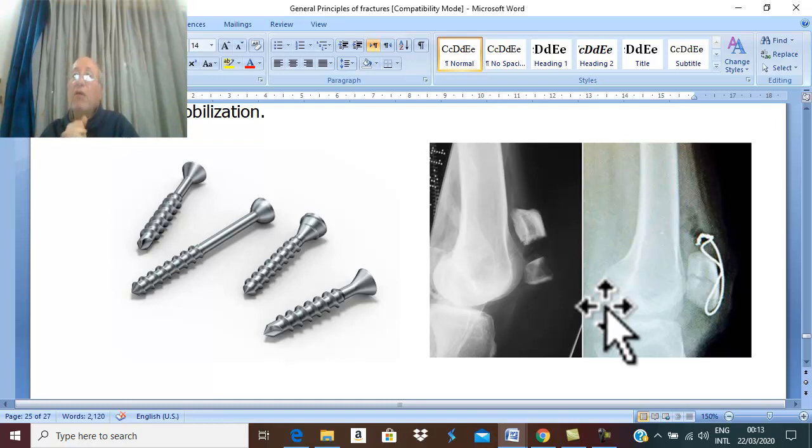What is the indication for internal fixation during operation? First of all, after open reduction. This is logical. And if there is any liability for malunion or non-union, or spontaneous healing and spontaneous fixation of the fracture is impossible.